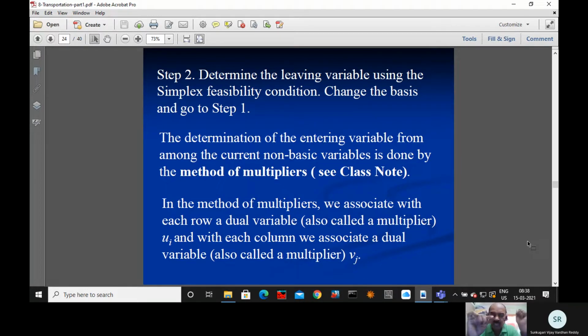So altogether there are m plus n dual variables. Since the transportation problem has equality type constraints, the dual variables ui and vj for all i and j are free variables. They can take positive, negative or zero values; there is no restriction.